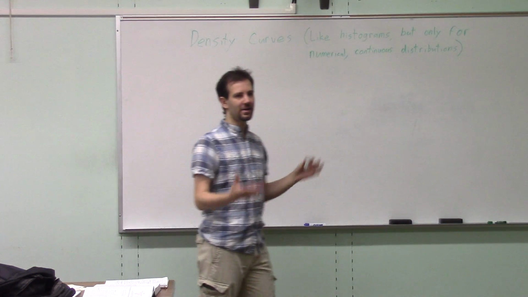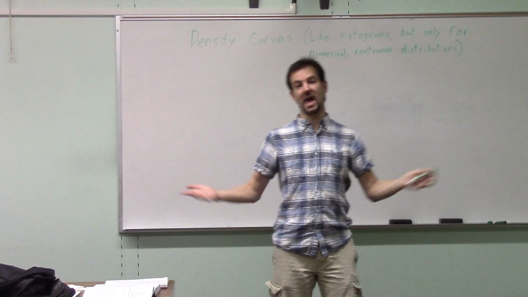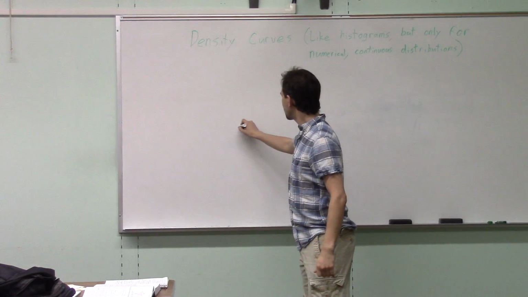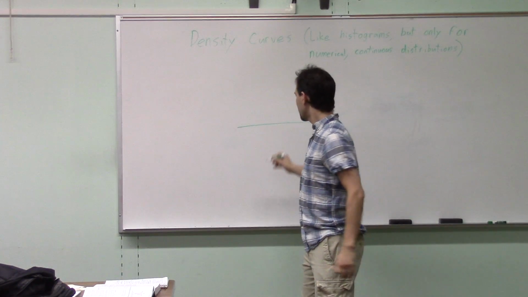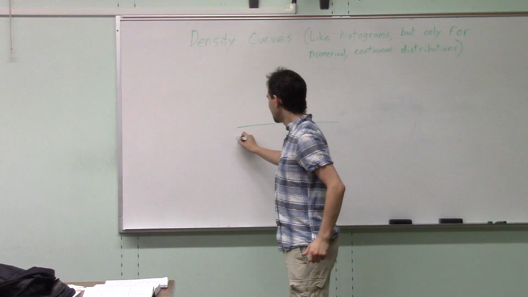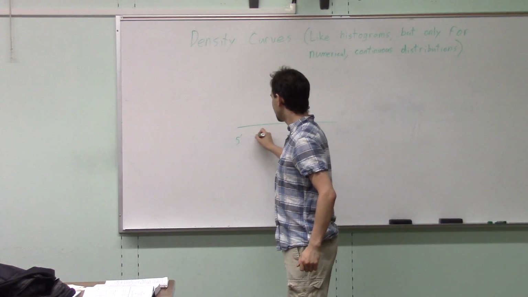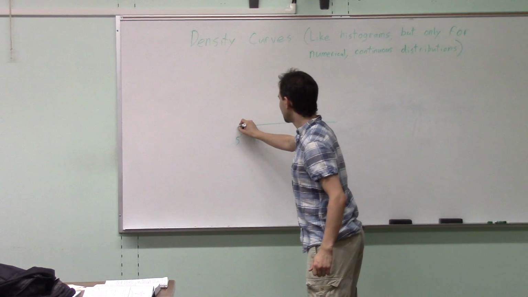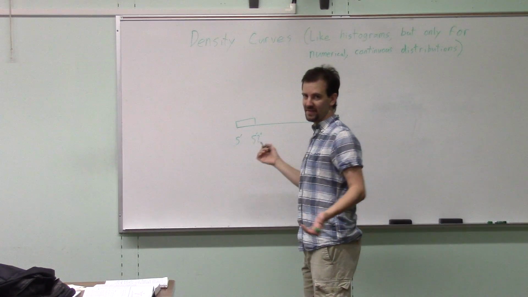Let's take human height of 18-year-old men. We could display them in a histogram, where over here you have people between 5'0" and 5'2", and you have a pretty small bar because there aren't that many people.